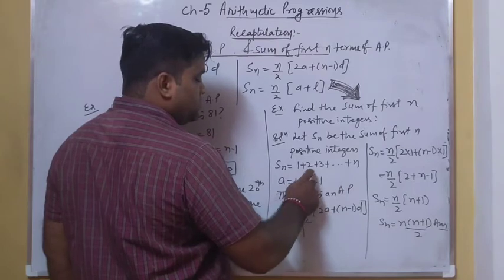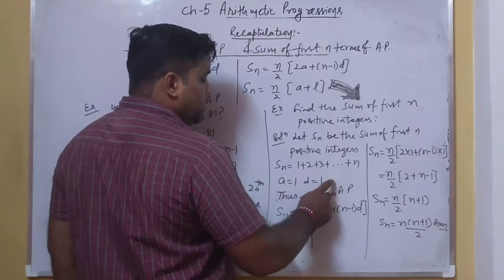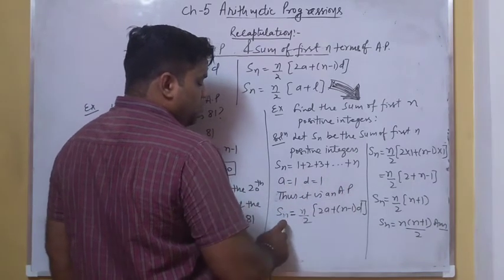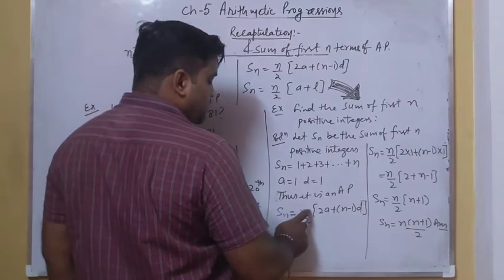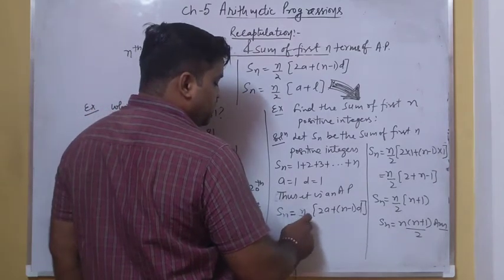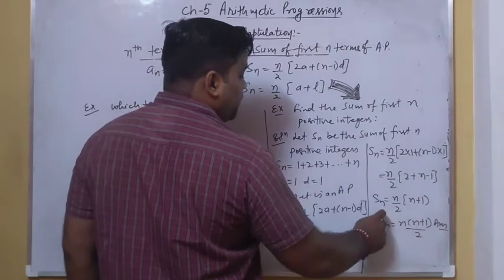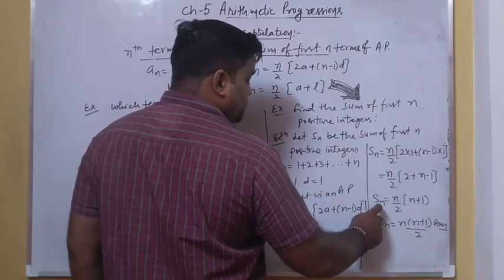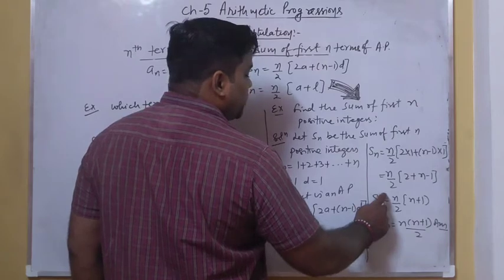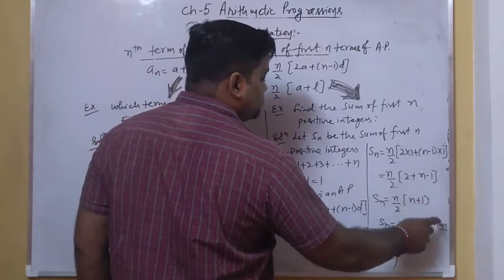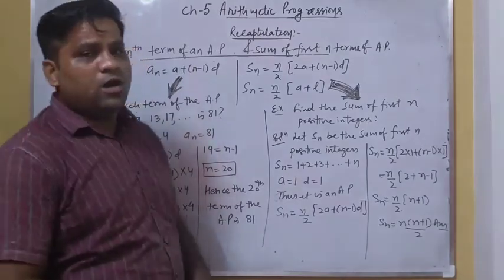The first term is 1 and the common difference between terms is 1, so hence it is an AP. We know that the sum of the first n terms of an AP is given by n by 2 into (2a plus (n minus 1) into d). On solving, we get the formula, which is the required answer: Sn equals n by 2 into (n plus 1).